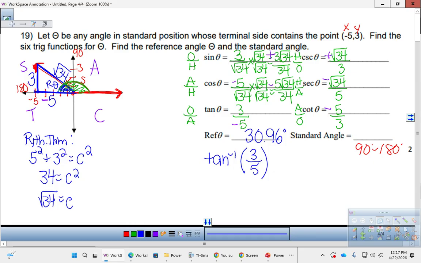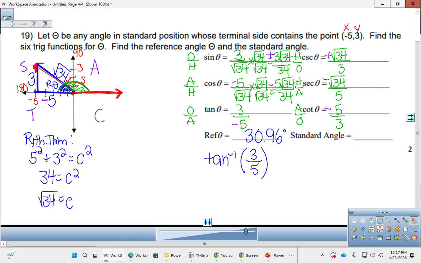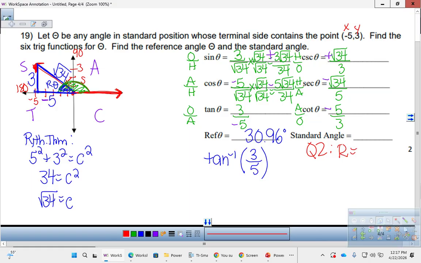So we could do it that way visually, or you can remember that yesterday we made rules for all of our quadrants. And our quadrant 2 rule said that our reference angle equals 180 minus our standard angle, or our standard angle equals 180 minus our reference angle.